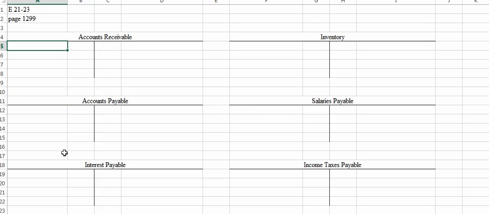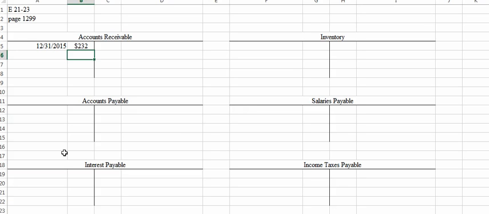Well, they give us the balance at the end of 2015 and the balance at the end of 2016. Now these numbers are in millions, but I'm just going to use them in hundreds for simplicity. So at the end of 2015, on 12/31/15, the balance in accounts receivable was $232.